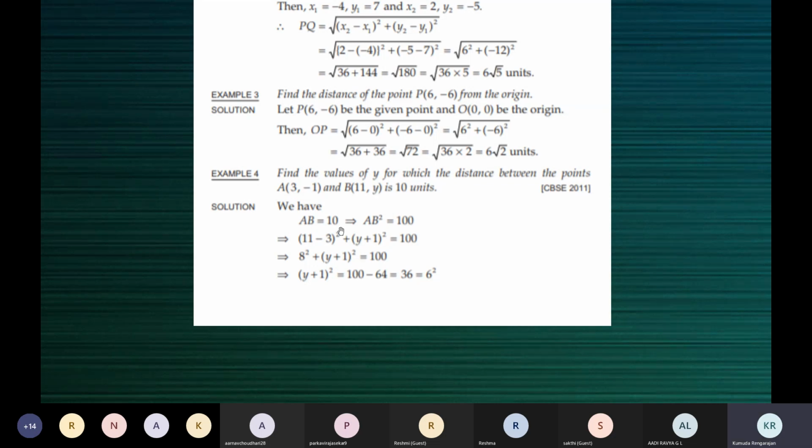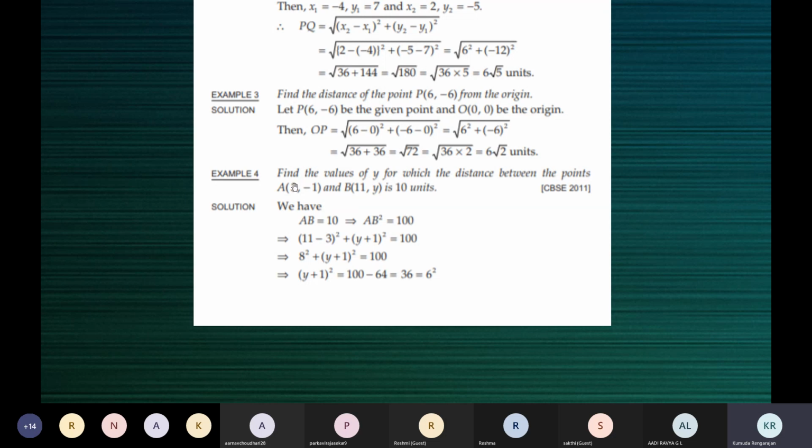See here, children, AB is 10, because the length of the line segment AB is given as 10. If AB is 10, AB square is 100. This is the equation: AB square is equal to 100. Now what is AB square? I said don't write the square root symbol.